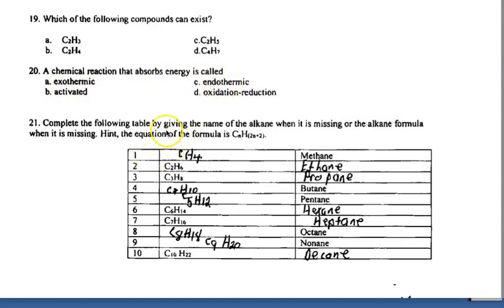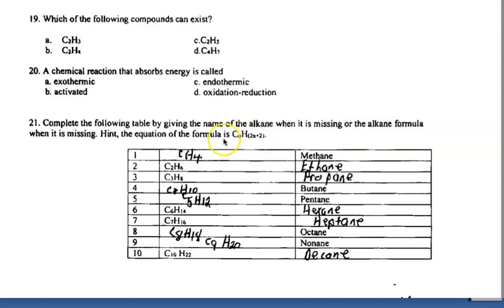Complete the following table by giving the name of the alkane when it is missing, or the formula when it is missing. So the first one is methane, CH4. The second one is ethane. The third is propane. The next one is C4H10, which is butane. C5H12, which is pentane.